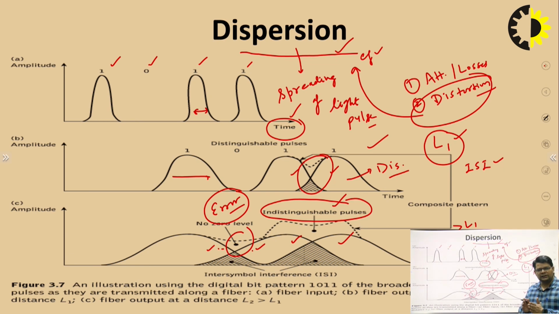Moreover, as the length or distance covered along the fiber increases, the bandwidth availability also gets reduced because of the spreading of light pulse. So dispersion causes a reduction in the availability of bandwidth. We can observe here that as the length increases, broadening or spreading of light pulse increases. That results in errors, intersymbol interference, and that can cause the reduction in the bandwidth.